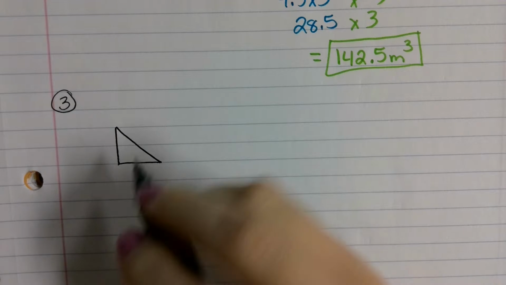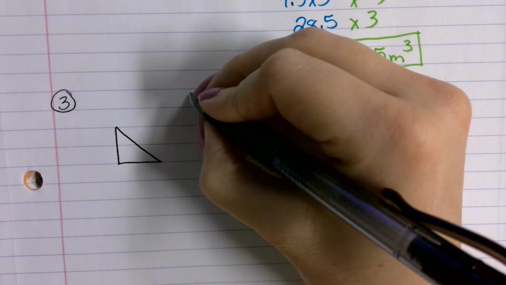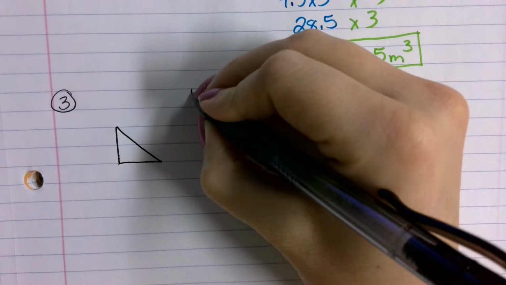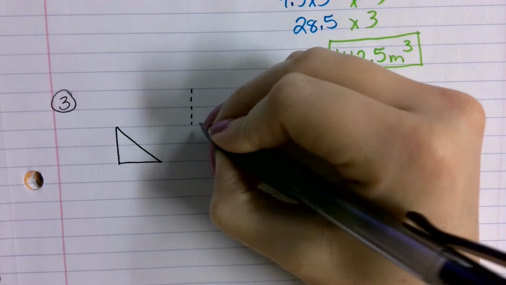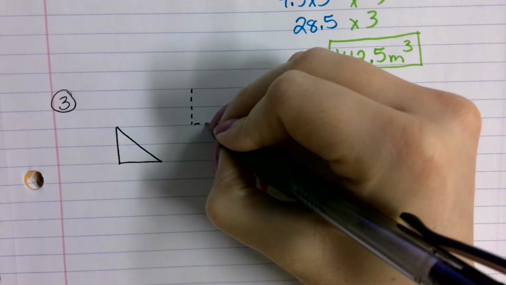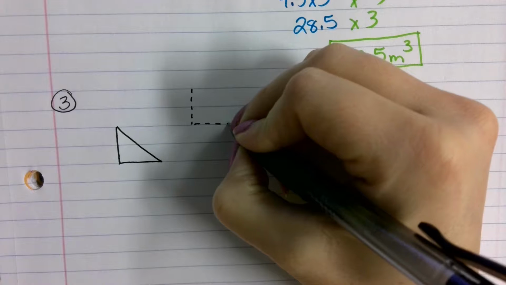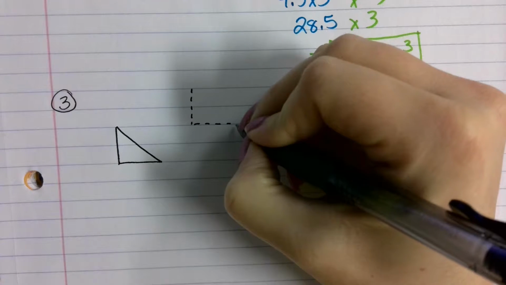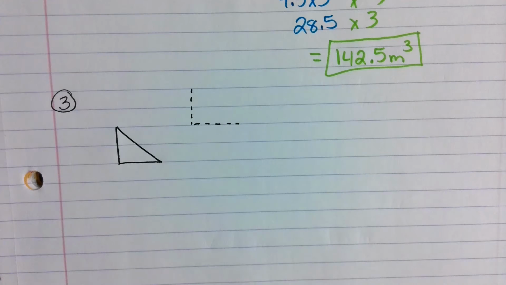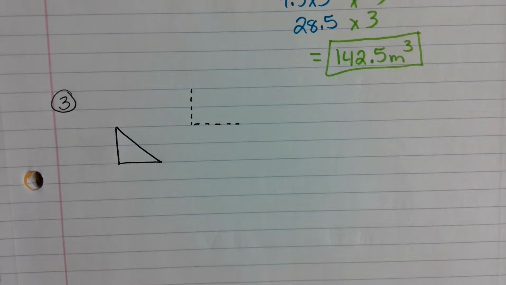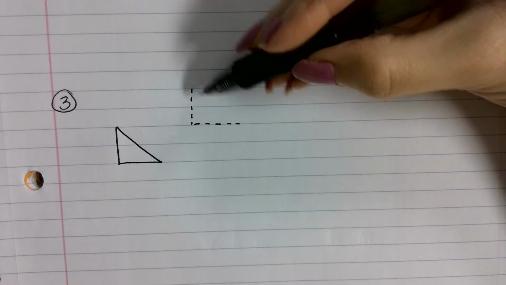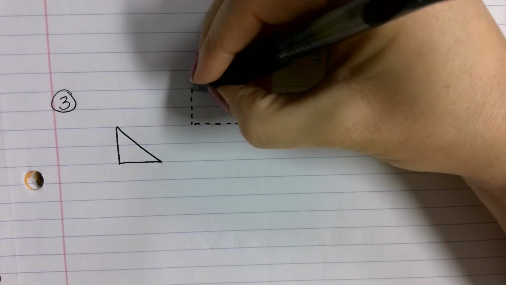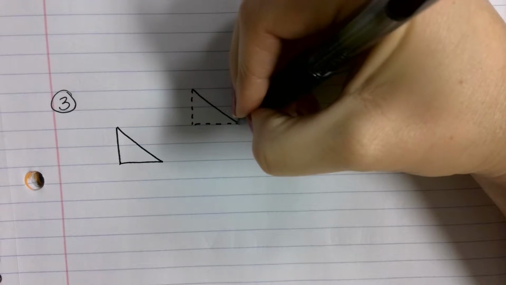You're going to redraw that exact triangle. However, when you redraw it, these legs that form the right angle are then going to be dotted lines. But you need to recreate that exact same size of a right triangle. The third line, which we call the hypotenuse, is going to connect as a solid line.